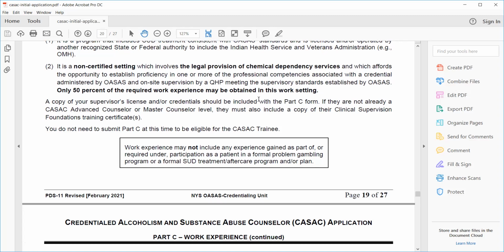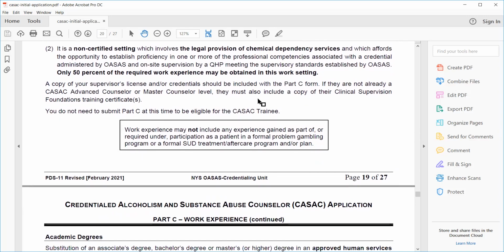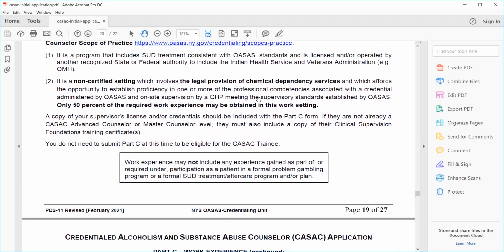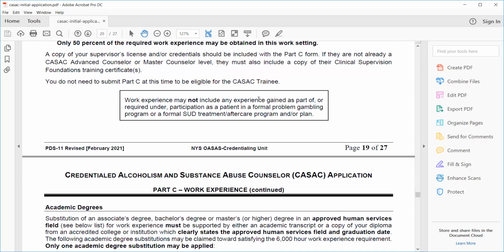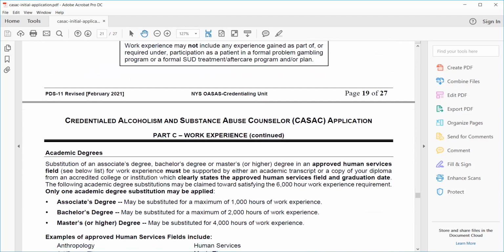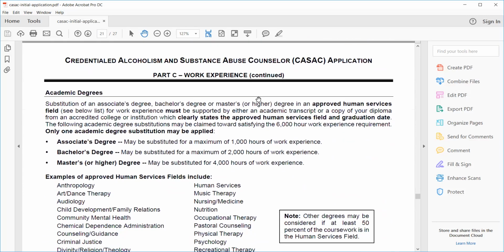If it's an OASAS licensed facility, then it will. But if it's not, you really need to get their permission to be working there. And I would document any kind of interactions and discussions that you have with OASAS along the way. So just be careful if you start to work for a place that is not OASAS certified.